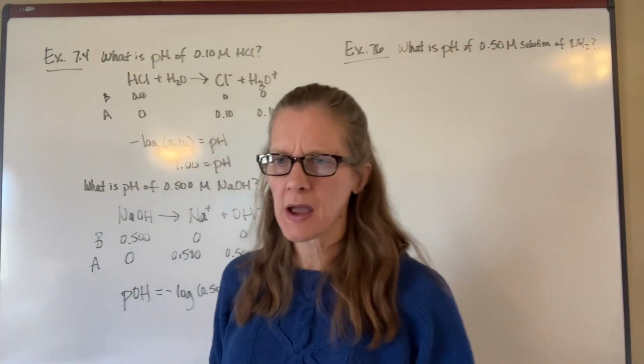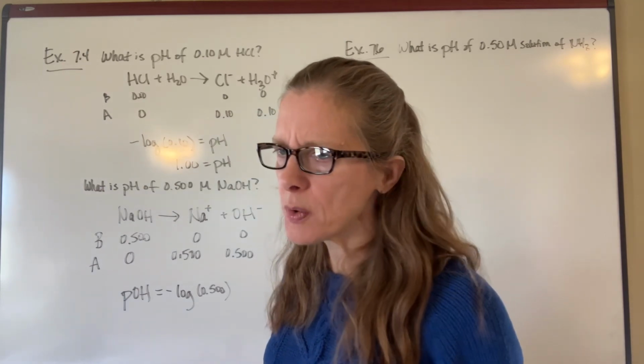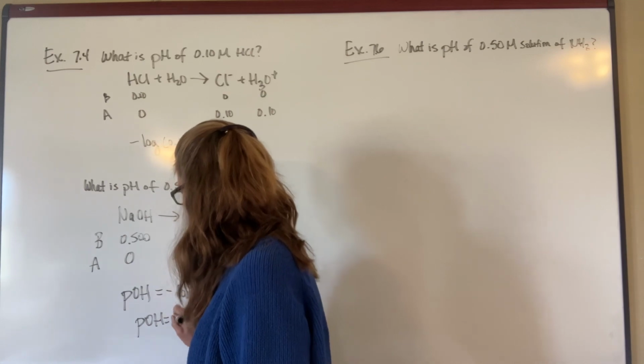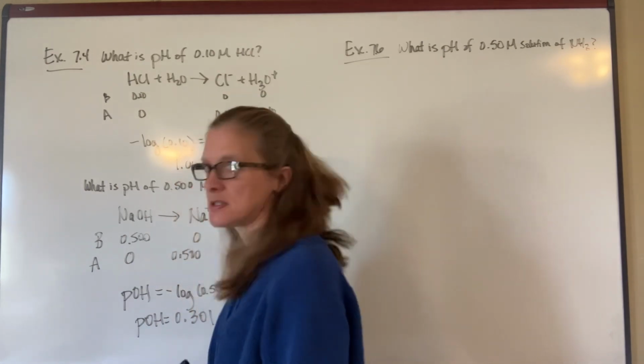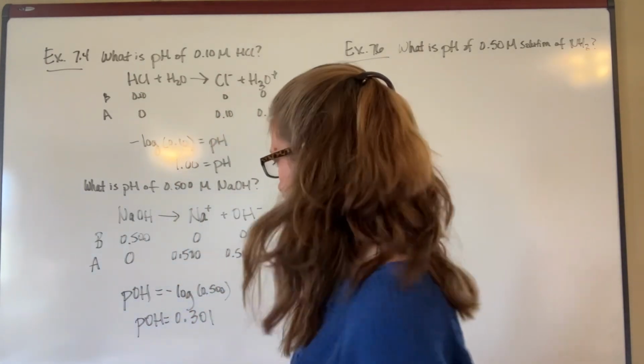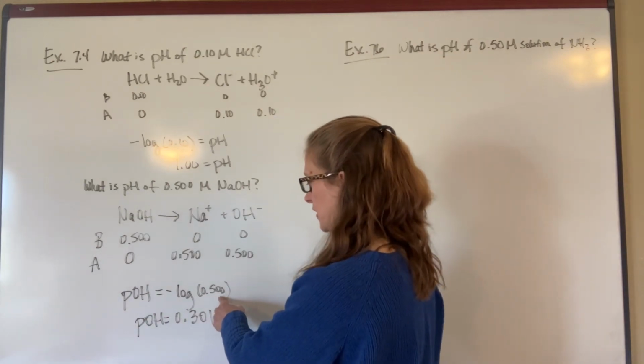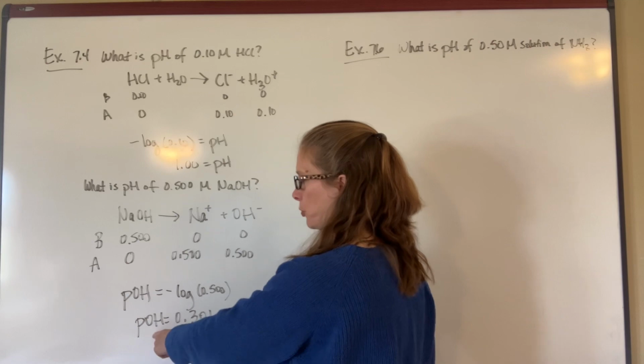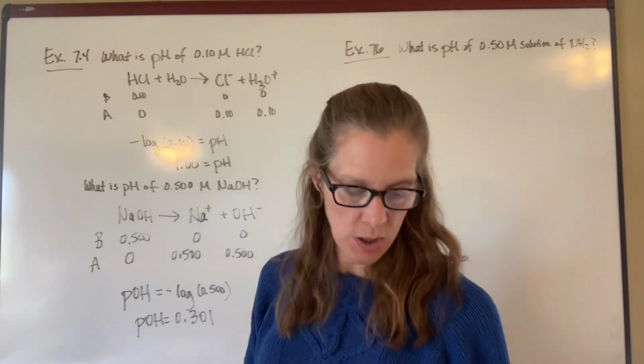Okay, so when I find the pOH, I'm going to have 0.301 for that. Three significant figures here, so I'm going to have three numbers after my decimal point when I find my pOH.